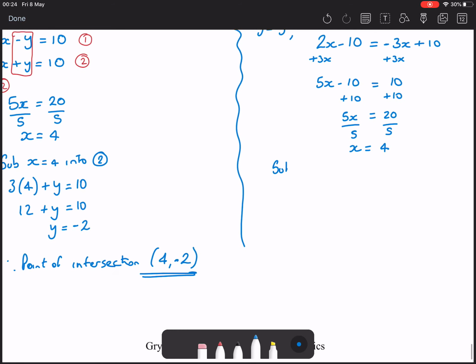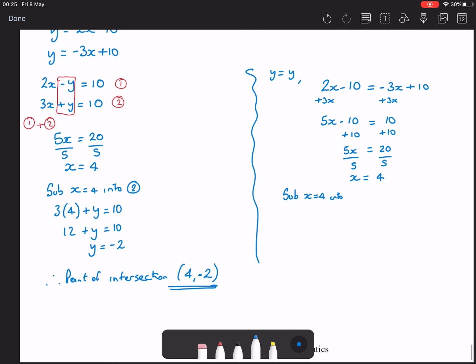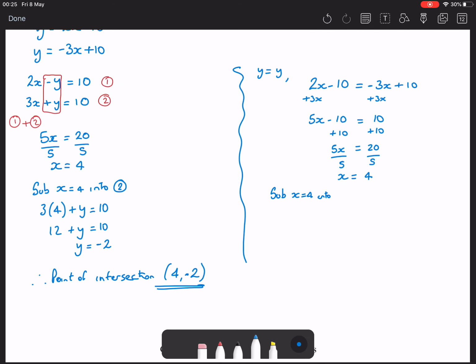And same situation as my first method, sub x equals 4 into my second equation, 3 lots of 4 plus y is equal to 10. 12 plus y is equal to 10.